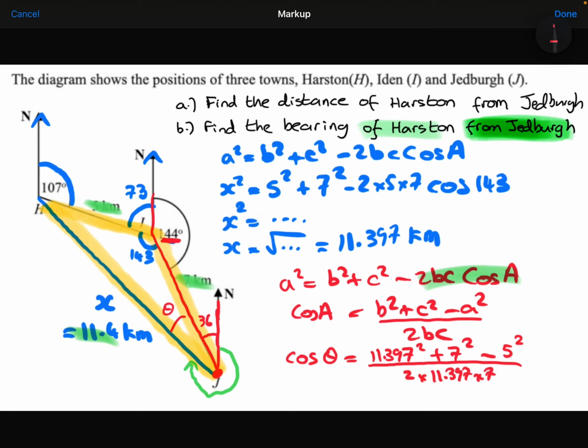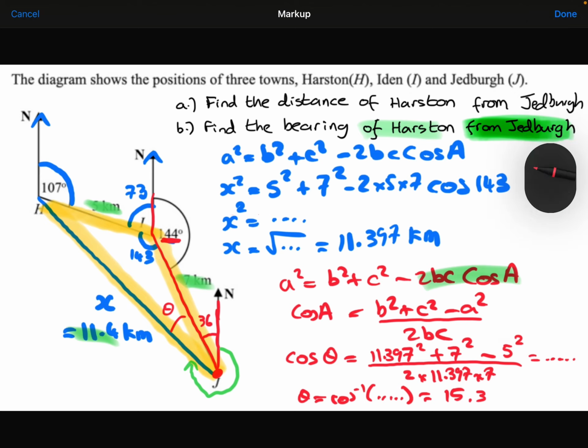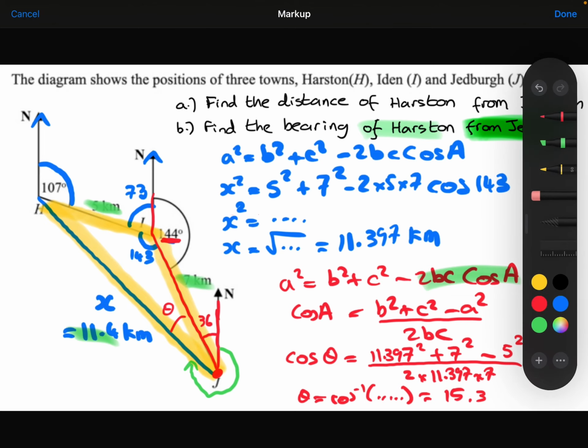So I'll type all of that into my calculator. I will then do cos inverse of my answer, so cos minus 1. And when I do that, I get 15.3 to 1 decimal place. So I've just worked out that the theta here is 15.3.